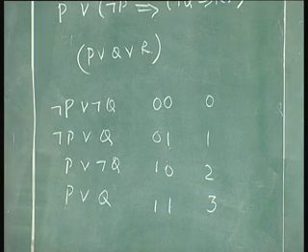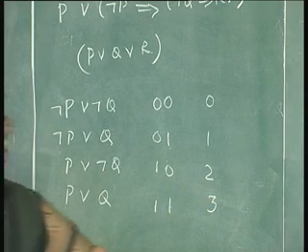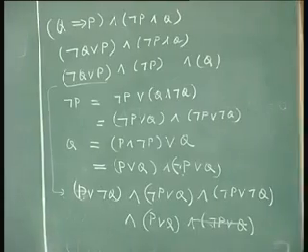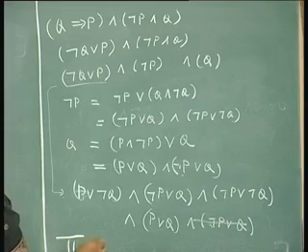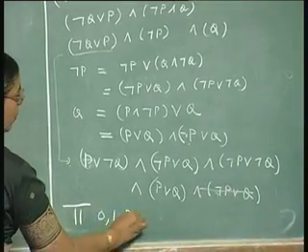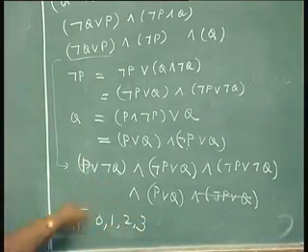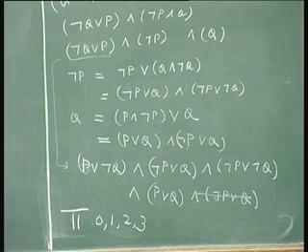So if you look at the last one which we considered, all the 4 max terms are present. So this can be represented as product 0, 1, 2, 3. So this is the notation used.